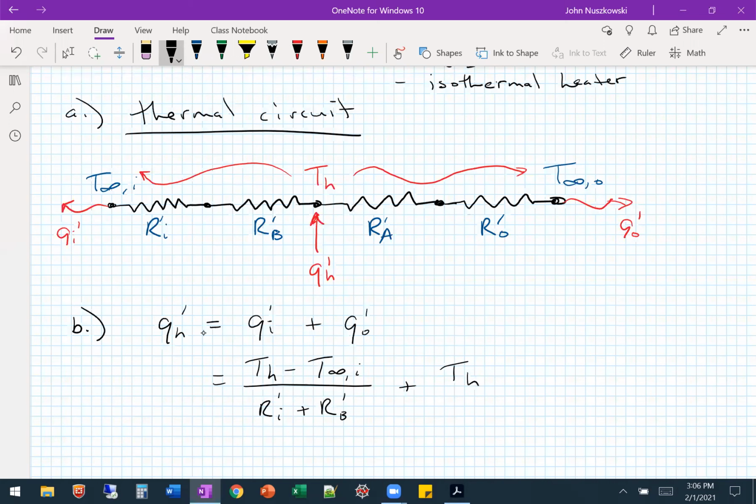And we do it again for the outer side. Makes sense? Okay.